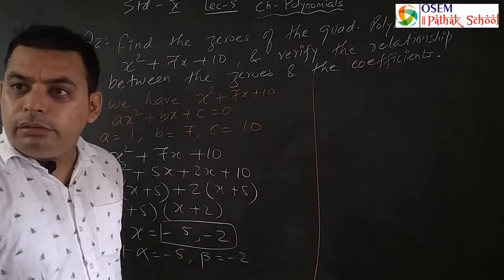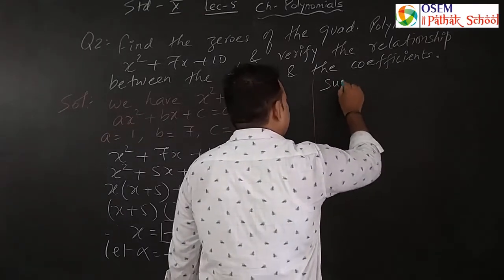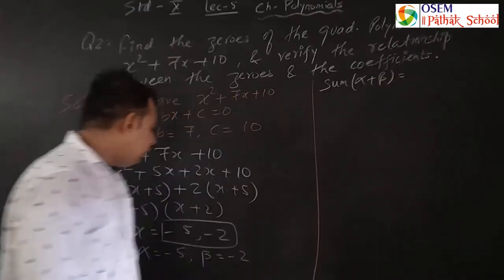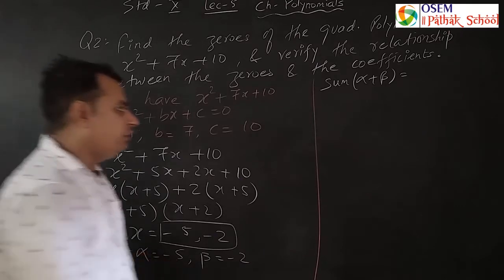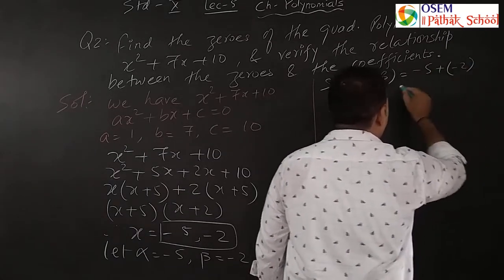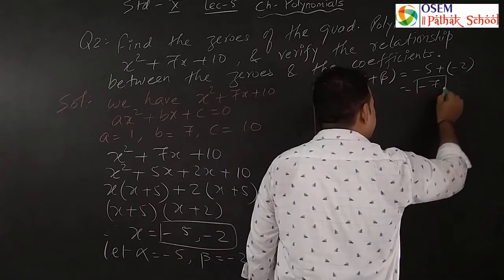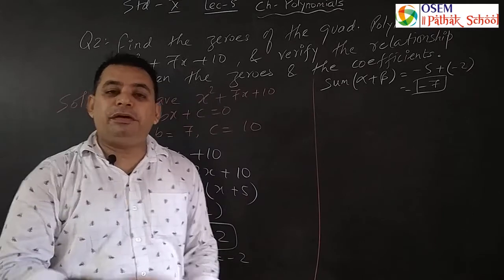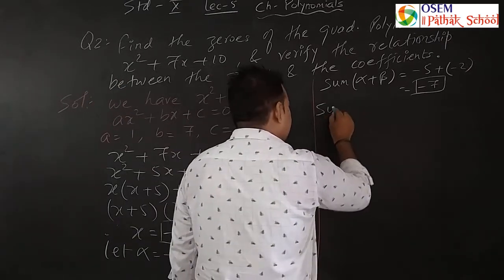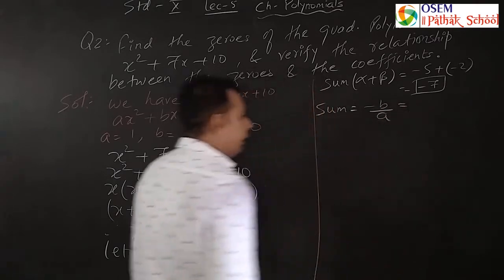Now we know the sum is alpha plus beta. So what value do we have? Alpha is minus 5 plus beta is minus 2. So we got minus 5 and minus 2, that is minus 7. Now as per the quadratic polynomial, we already know the formula of the sum is minus b by a.